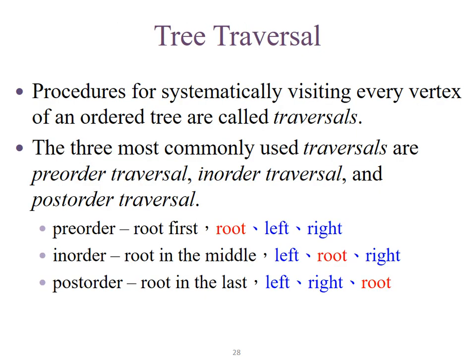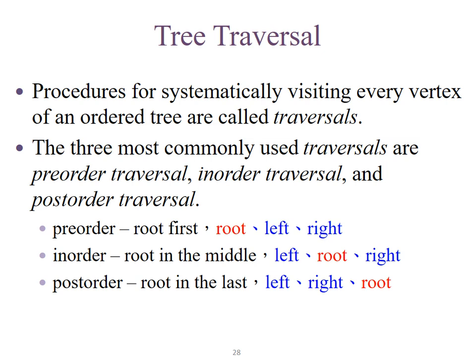Next, let's see different algorithms of tree traversal. Okay, so it will be the procedures for systematically visiting every vertex of an ordered tree, which is called traversal. Okay, so we have 3 common traversal algorithms: pre-order traversal, in-order, and post-order traversal. So basically, when we traverse the tree, we can consider the order of root, left subtree and right subtree.